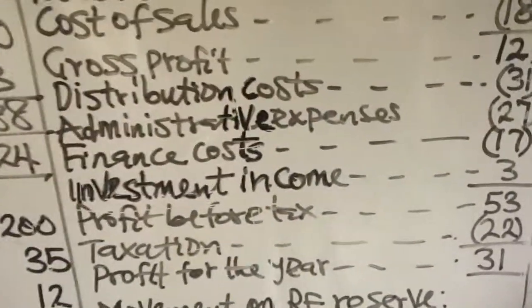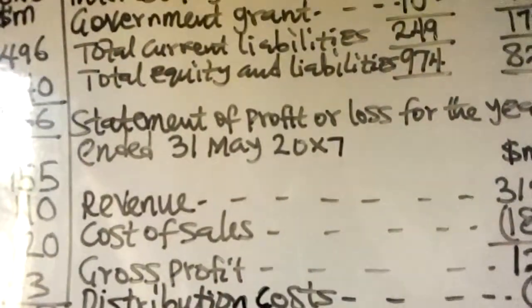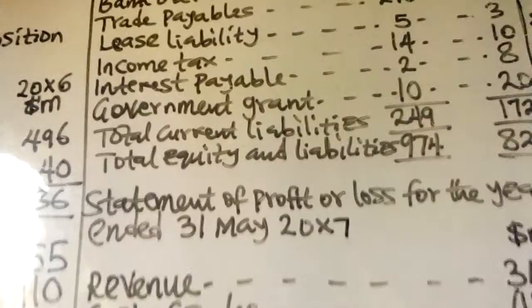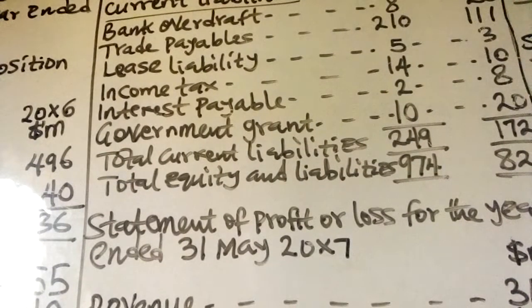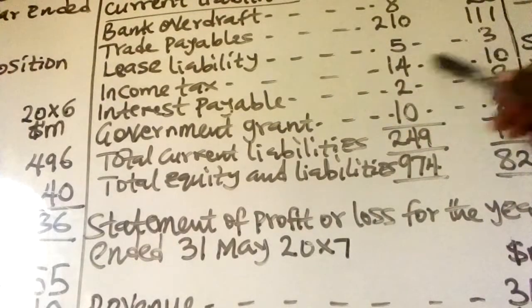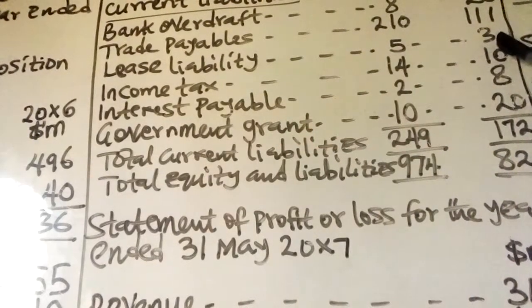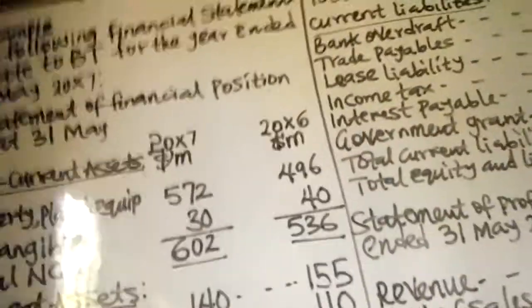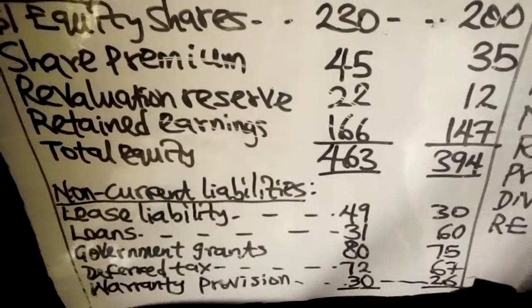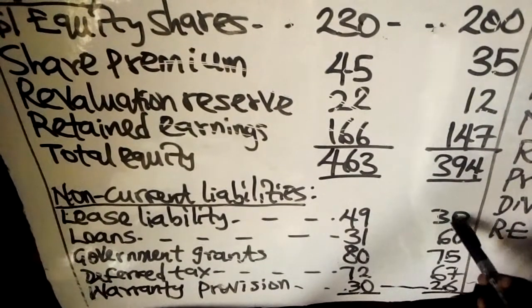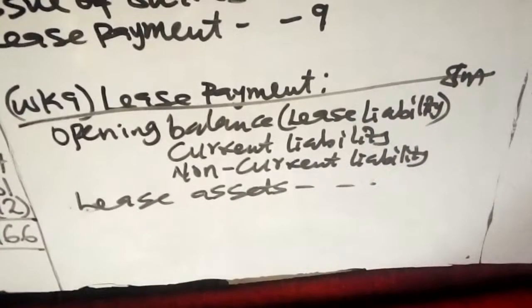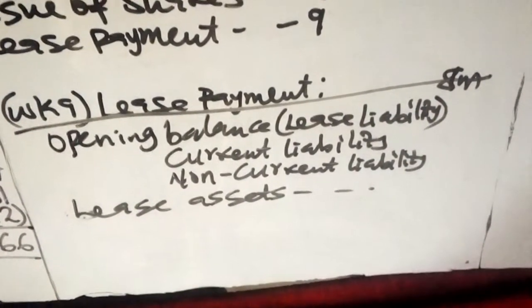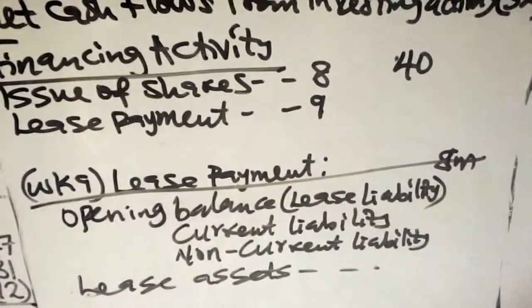The opening balance of lease liability under current is 3. The opening balance under non-current liability is 30. So we have 3 and 30.